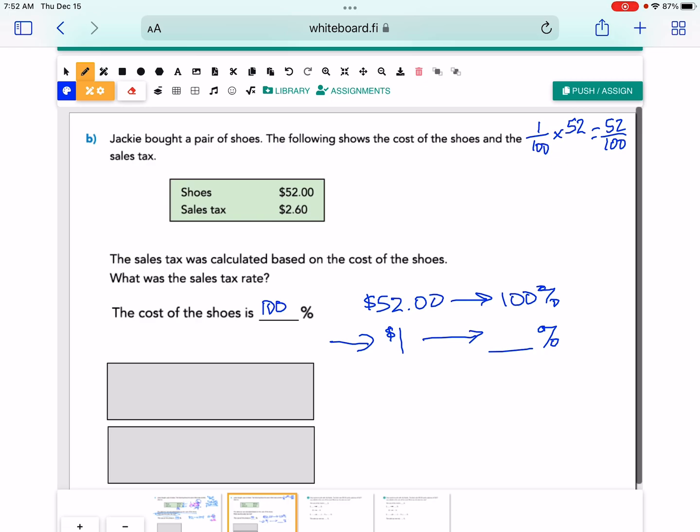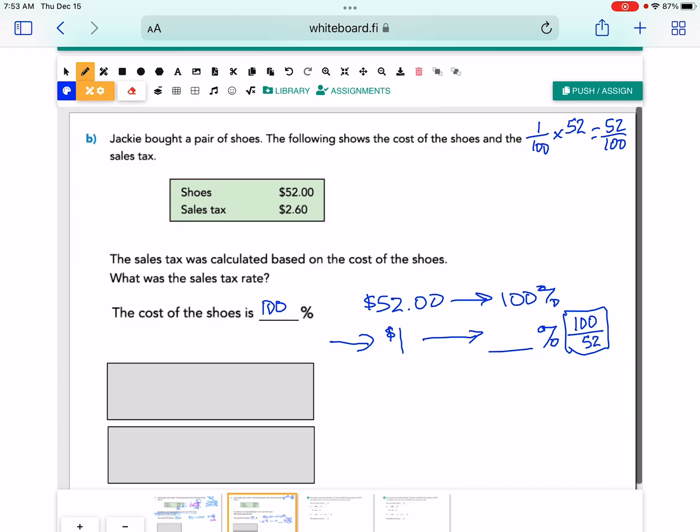And what we want to know is how many percents each dollar is. So if we start with 100%, and we know that that's divided into 52 pieces, right? Each piece being $1. Then when we do this division, we will be able to figure out what 1% is. Okay, now it's a little difficult because this doesn't divide evenly, right?